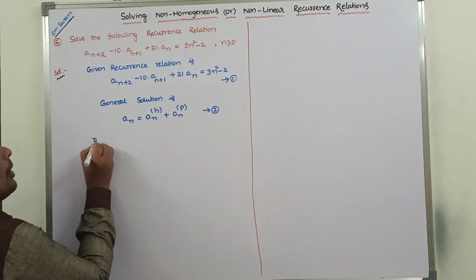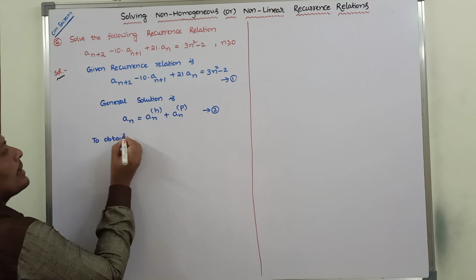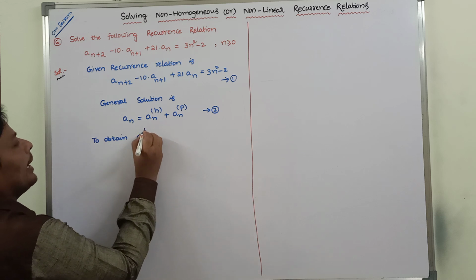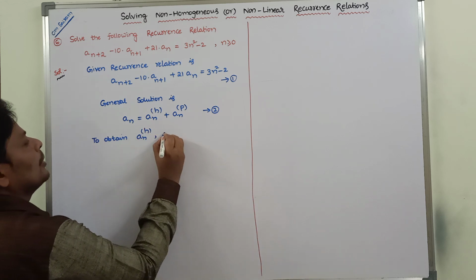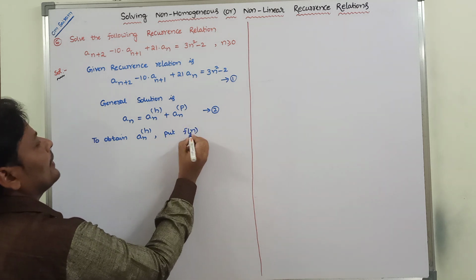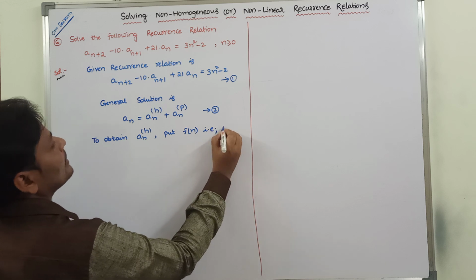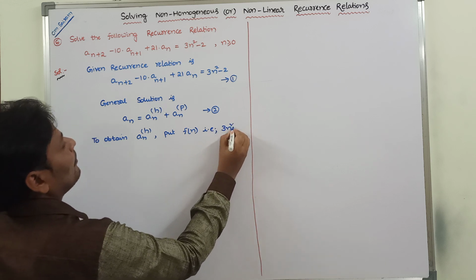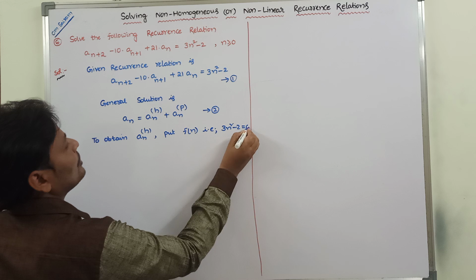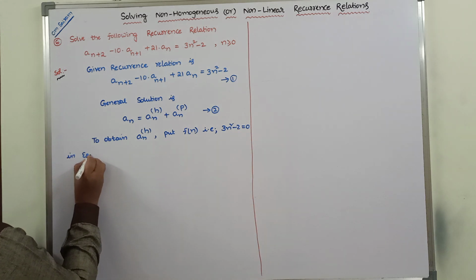To obtain A suffix n power h, put f of n, that is 3n square minus 2, equal to 0 in equation 1.